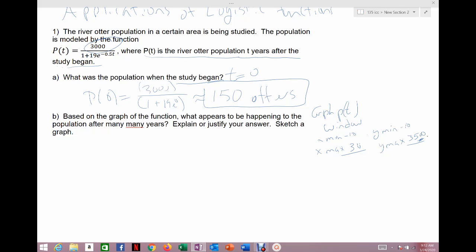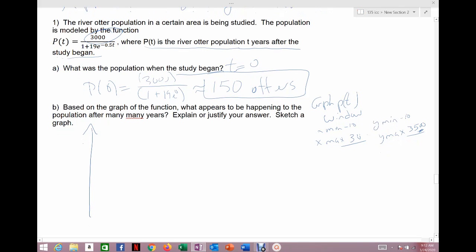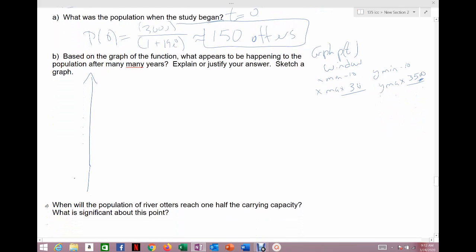If you've graphed that out and set your window, the first quadrant is the only place where we're going to graph it, because population is positive and time is positive. This is years, that's the T, and this is P of T, which is otters. It starts off at 150, so I'm going to mark that off kind of low here.